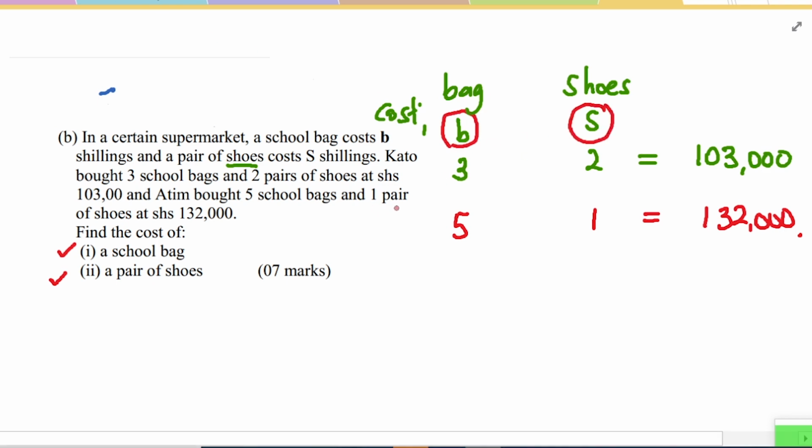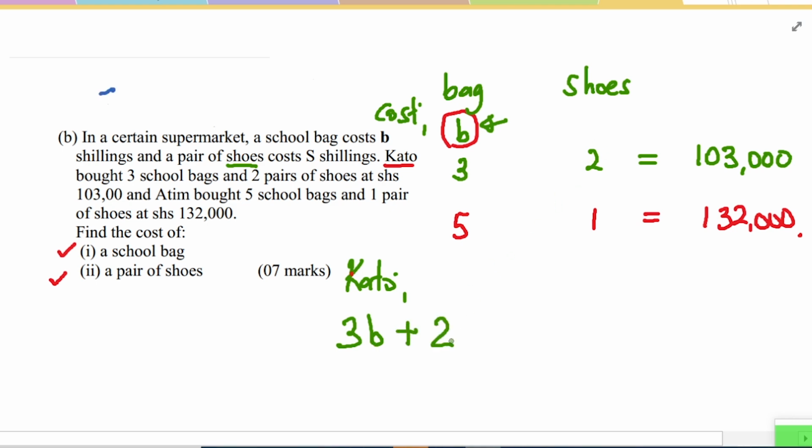If you look at Kato, which I have highlighted in green, Kato bought 3 bags. If the cost of each bag is B, the total cost of the bags is going to be 3 bags times the cost of each bag, plus the shoes.